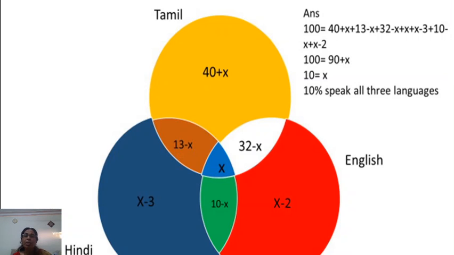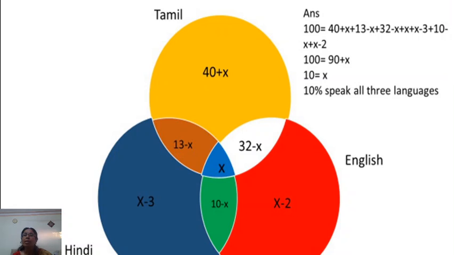So add all these figures in the three circles, equate this to 100 and find the value of x. So 85 plus 20, 40 plus x plus 13 minus x plus 32 minus x plus and so on.